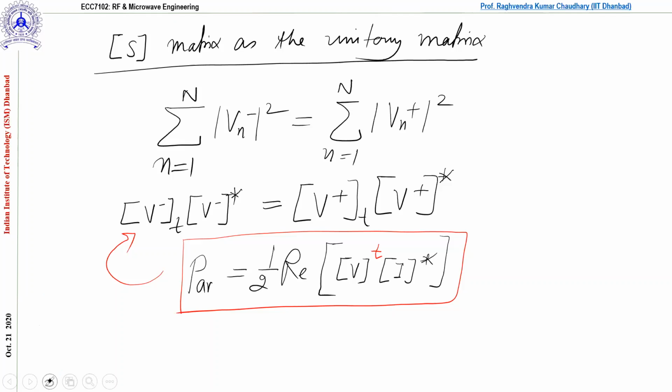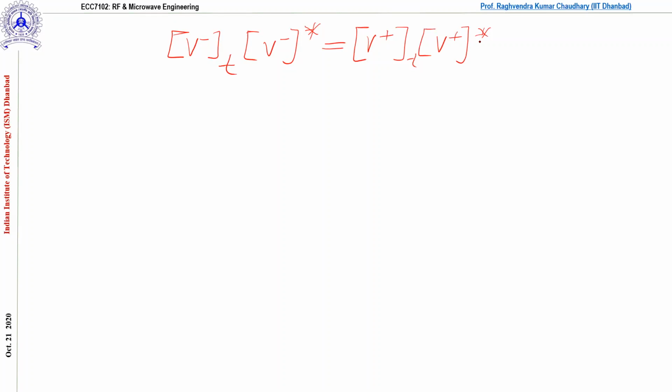Now let us expand these further. The last equation I am writing again because we are making a derivation: V minus transpose V minus star equals V plus transpose V plus star.